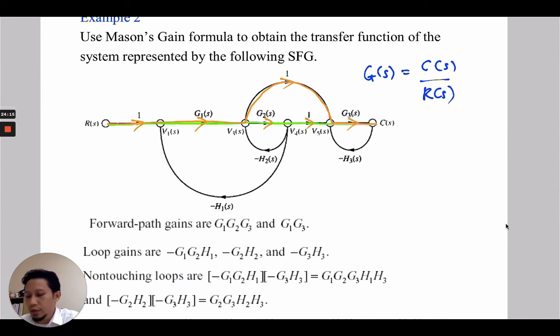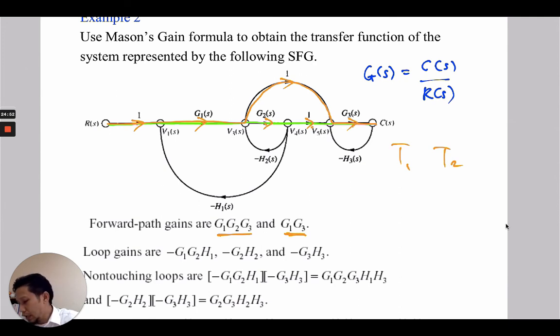So we have T1 and T2 this time around. Our T1 is G1 G2 G3, and our T2 is G1 G3.